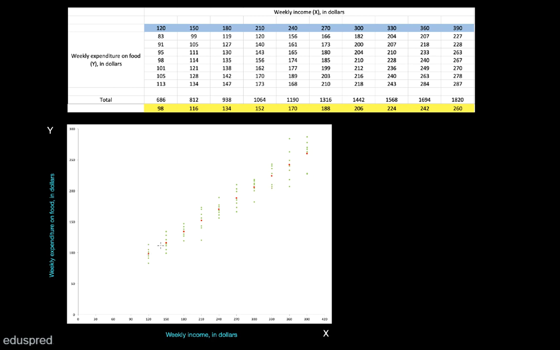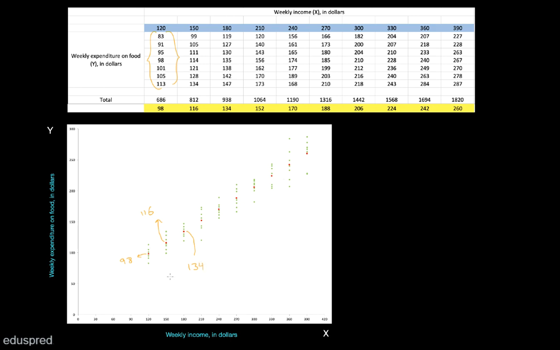These red dots that you see over here are actually representing the conditional mean of a particular column. The green dots are representing these values over here, and the red dot is representing 98. This red dot is 116, this red dot is 134, and so on.